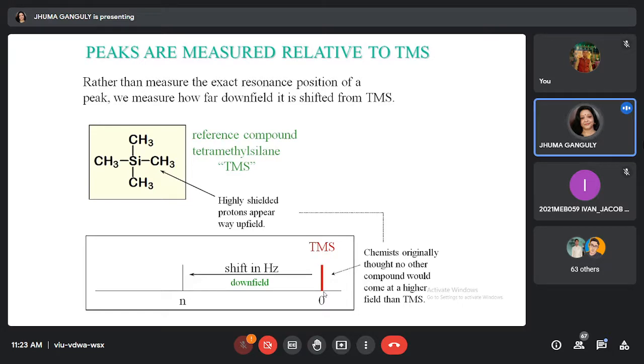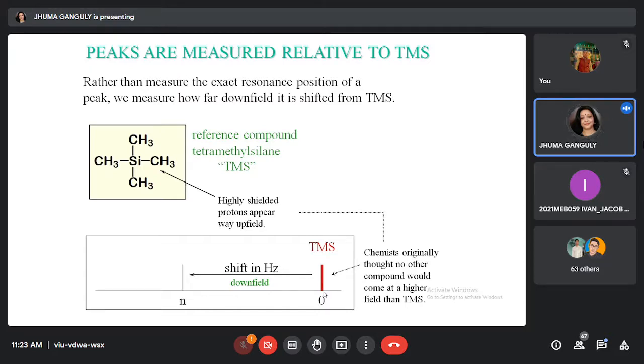So TMS is used as an internal standard for each run of any molecule, known or unknown.